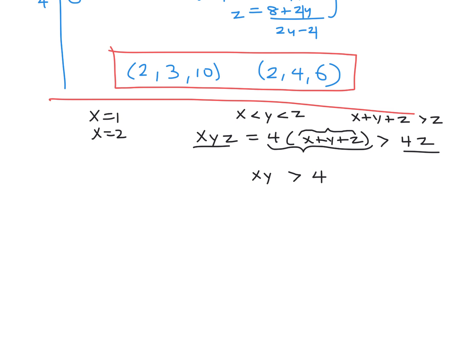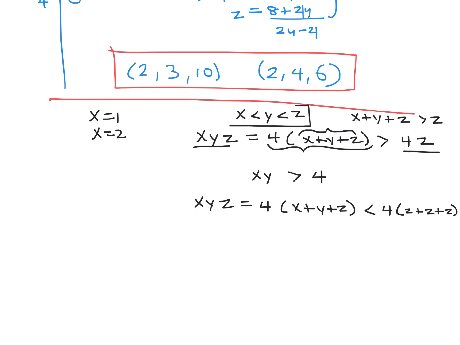And then in a very similar way, if we use the same formula, x plus y plus z, like that, we can deduce that it's less than 4 times z plus z plus z, right?